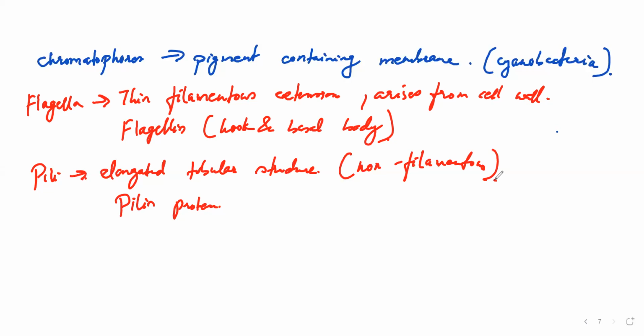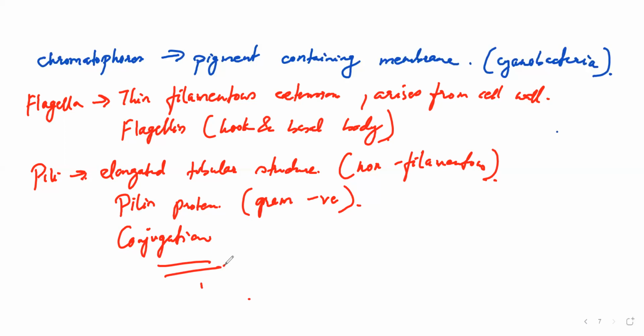Flagella are usually present in both gram positive and gram negative bacteria, but pili are exclusively for the gram negative ones. Rather than moving, pili help in adhering, that is attachment to a host cell to take nutrition. Also, it helps in conjugation, which means transfer of DNA from one bacterium to another bacterium.